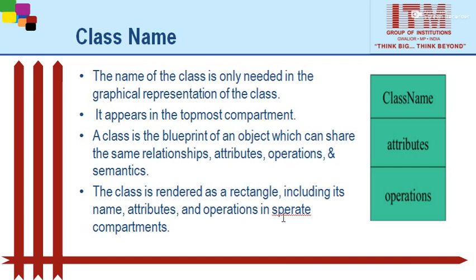As you can see in the diagram, here class name is present. The whole area is basically divided into three parts. Number one, class name. Number two, attributes, which is present in the middle part, and the lower part contains operations. So the class name is present at the topmost part.